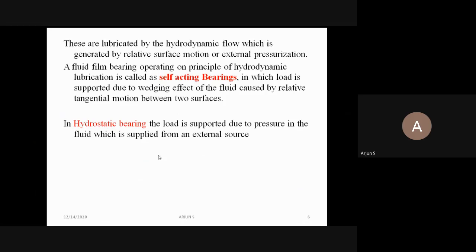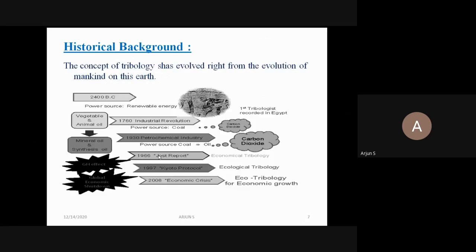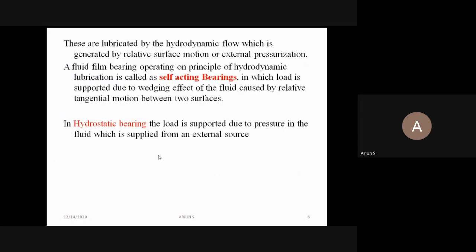In addition to these two types, hydrostatic and hydrodynamic bearings, there is another class of fluid film bearings called squeeze film bearings, which support the load because of the oscillating relative normal motion. In externally pressurized and squeeze film bearings, the pressure within the clearance space can be generated without the wedging effect.